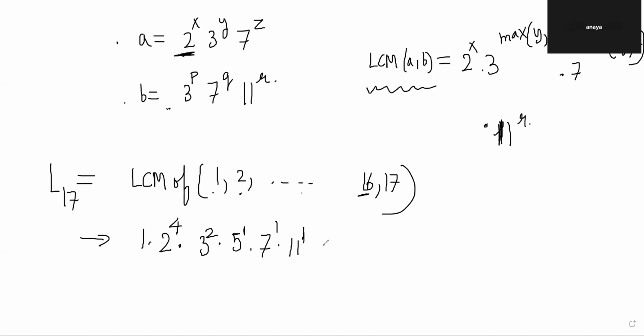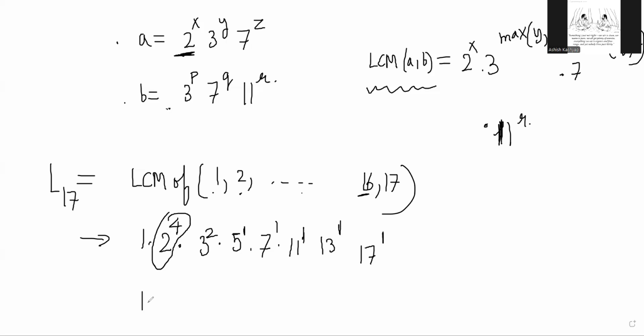Do you understand what I'm saying right now? 13 has power 1, 17 has power 1. These are all the prime numbers, right? Notice that this is actually 16. So it is 1 into 5 into 7 into 11, 13, and this was 16.